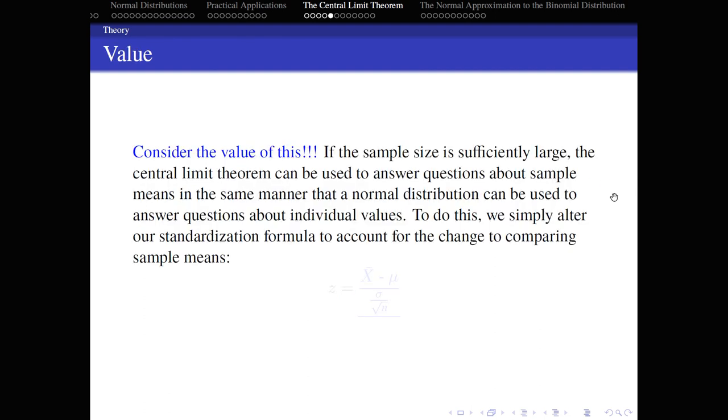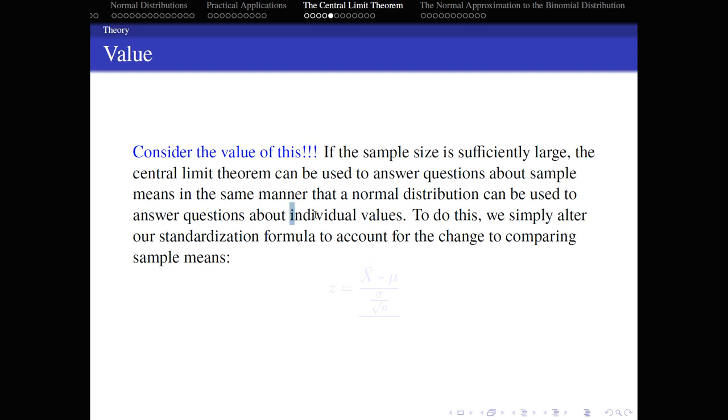Now this is really, really interesting, because if our sample size is sufficiently large, that is greater than 30, we can use the normal distribution to talk about sample means. That is, what do we think about the mean of the sample, in the same way that we were originally talking about individual values?